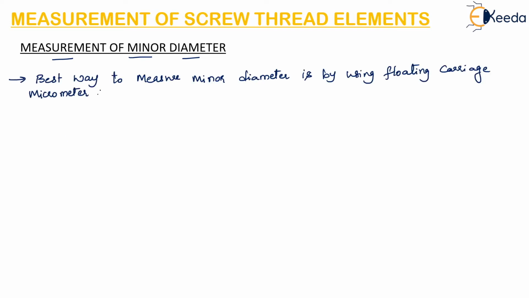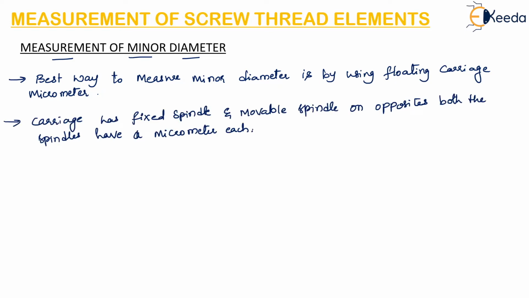The best way for measuring the minor diameter is to use the floating carriage micrometer. This carriage will have a micrometer with a fixed spindle on one side and a movable spindle with a micrometer on the other side.